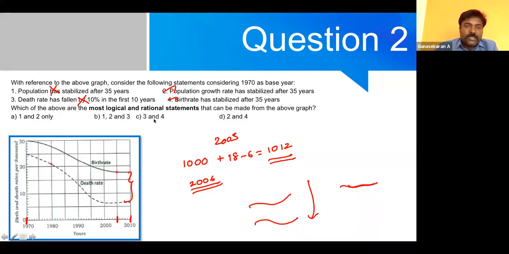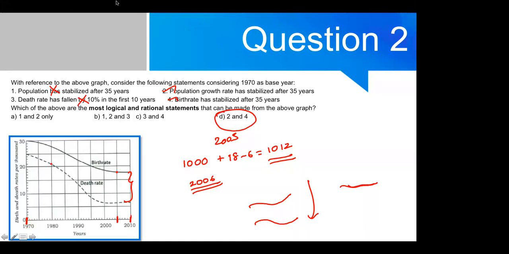Here always population will increase. So 1, 2, and 4. Two and 4 is the answer. Birth is more, death is less, so population stabilization is not possible. Is it clear?